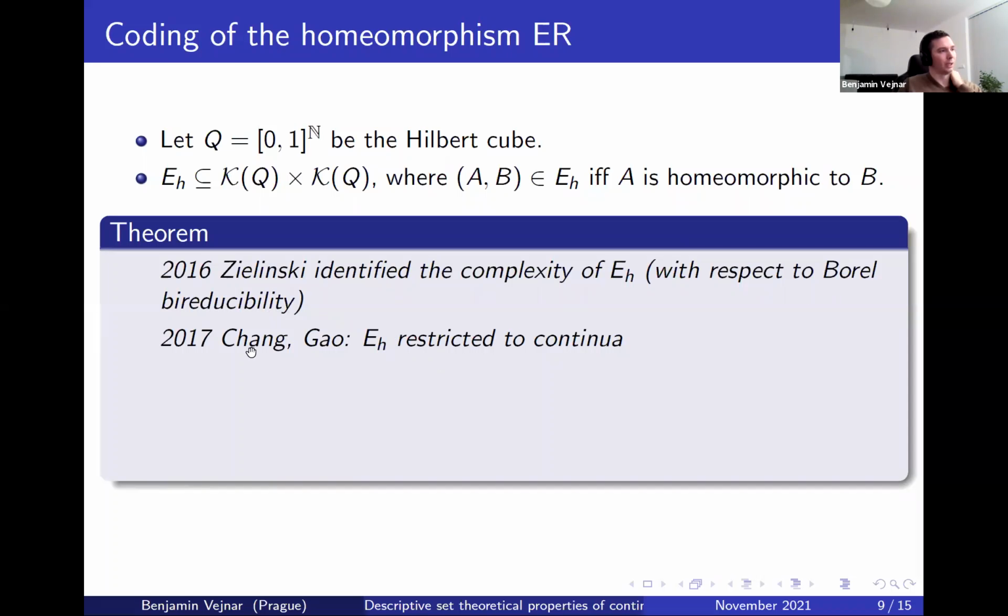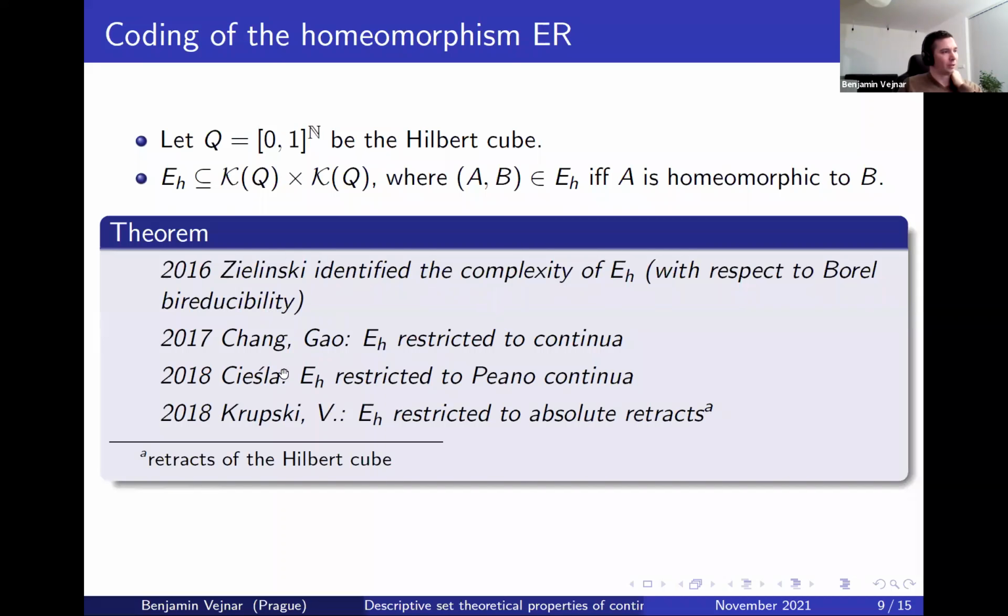So their result is not so complicated as this one. Again, one year later, Češla proved that if we restrict EH just to Peano continua, it has still the same complexity as this EH.